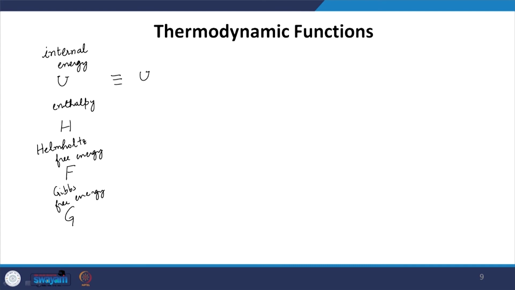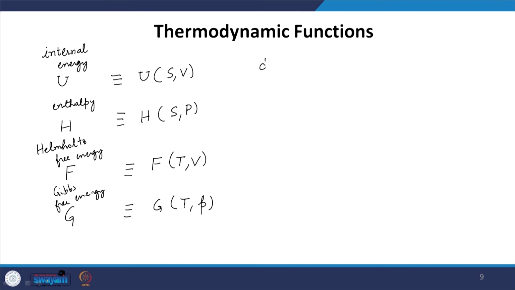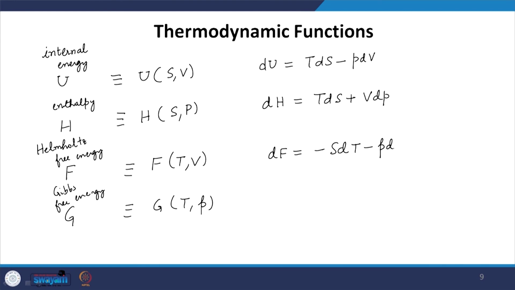These are functions of different variables. U is a function of S and V, H is a function of S and P, F is a function of T and V, and G is a function of T and P. These are defined in differential form as dU is equal to TdS minus PdV, dH is equal to TdS plus Vdp, dF is equal to minus SdT minus PdV, and dG is equal to minus SdT plus Vdp.